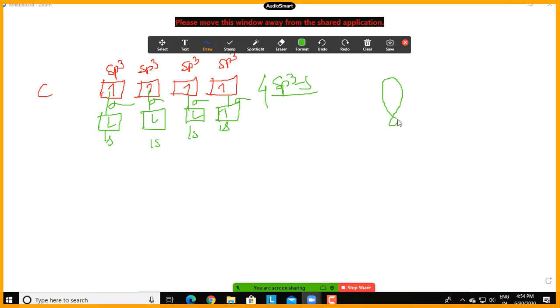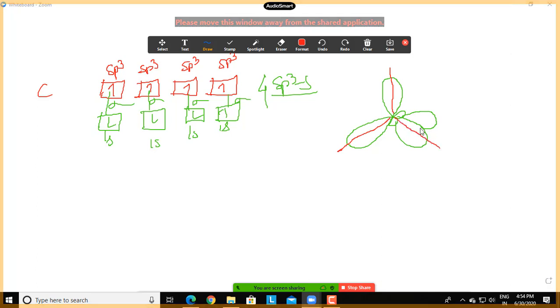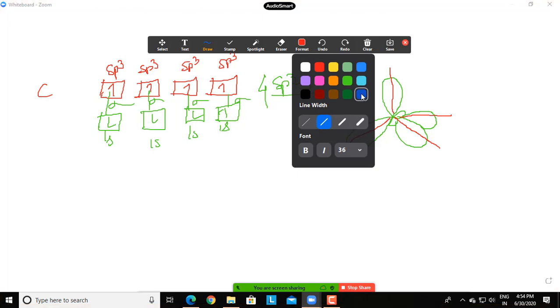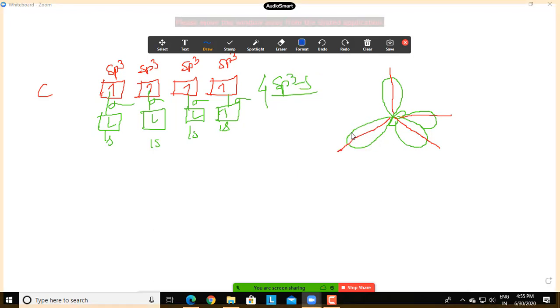We can show the tetrahedral like this. This is the tetrahedral shape of carbon. Then hydrogen will overlap.